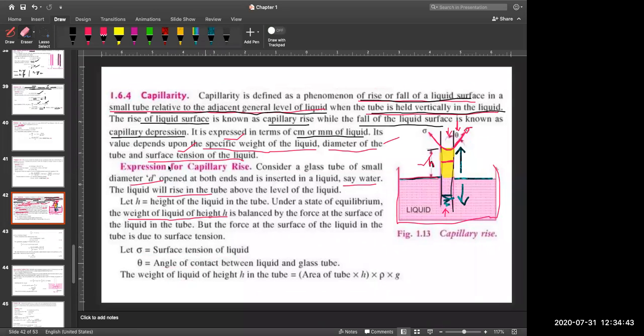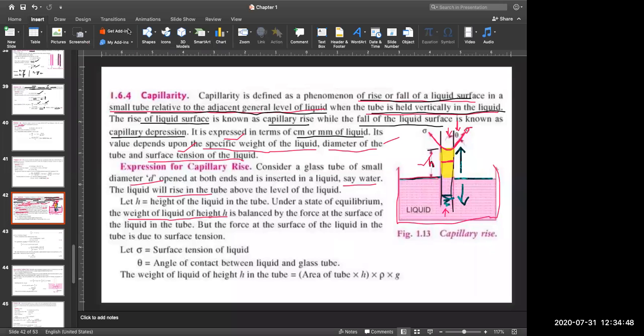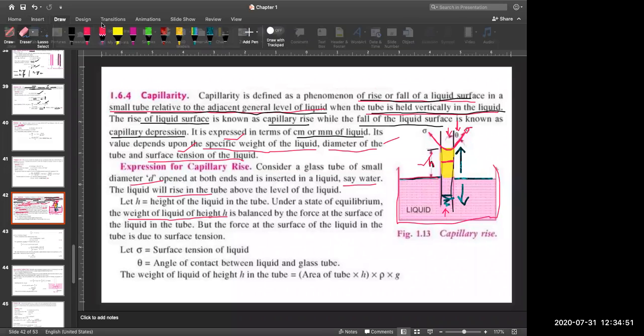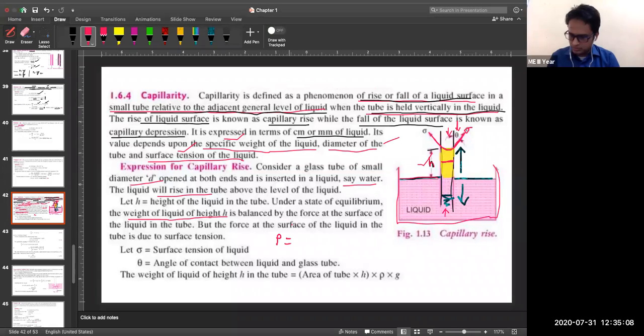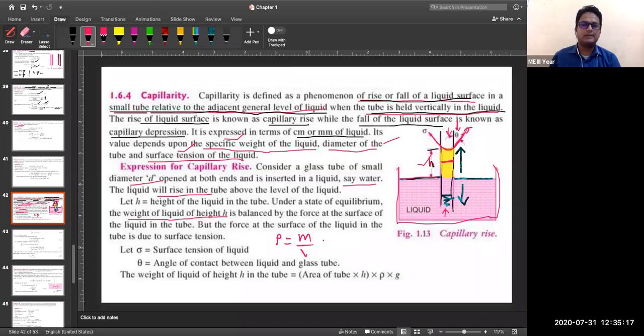See, what we are looking for, let me draw a whiteboard over here. I will write in this region only. We all know the basic formula: density, rho, equals mass by volume. Here we have to calculate the weight of this column, the extra height from here to here in the tube.